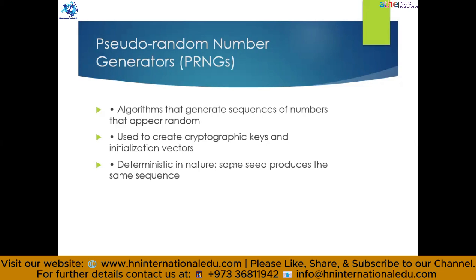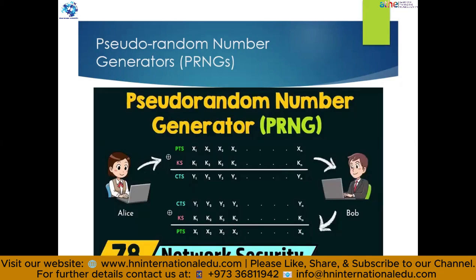Deterministic in nature, like the same seed produces the same sequence. Okay, change our letters into different random numbers, and then again we will change it, and then at the time when our information reaches the required location and is received by that device, then it will again change back into the previous information.